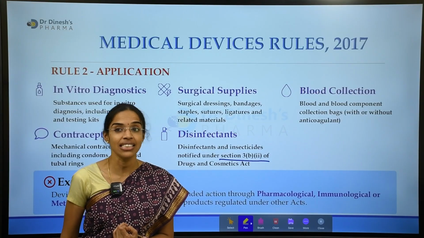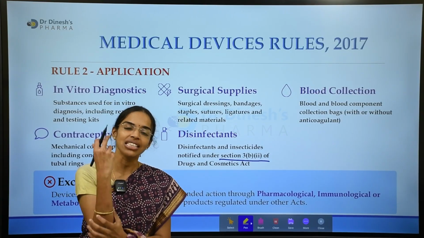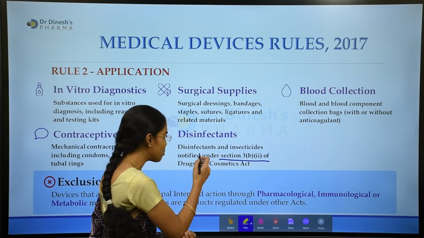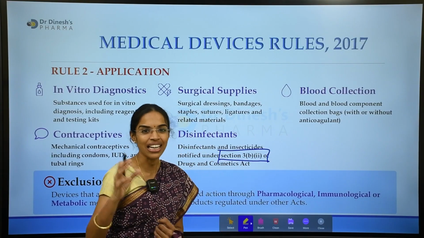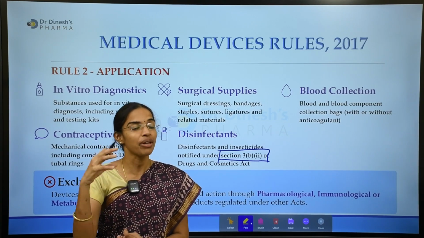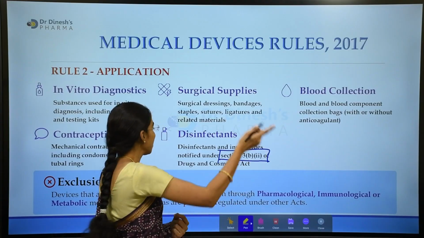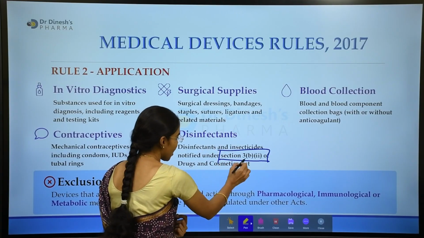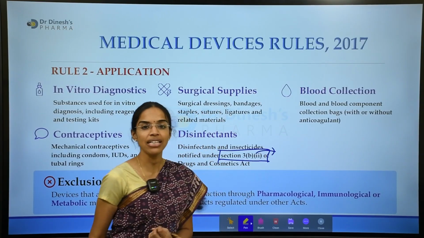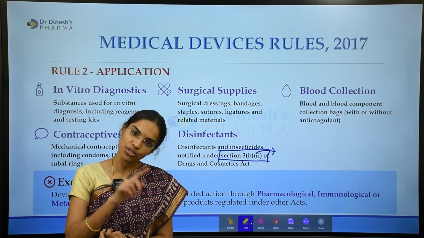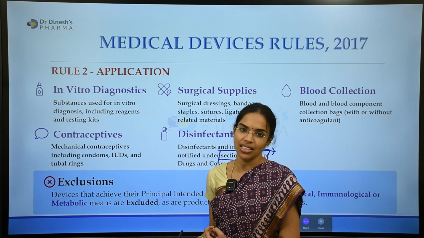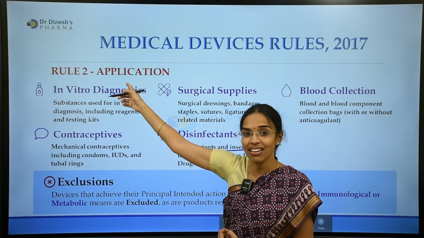There are certain disinfectants and insecticides which exert a mechanical or structural activity, such as gaseous or radiation types. Those which come under section 3B subclause 2 of the Drugs and Cosmetics Act are also covered under Rule 2 of Medical Devices Rules 2017. So these are all the substances covered under Rule 2.